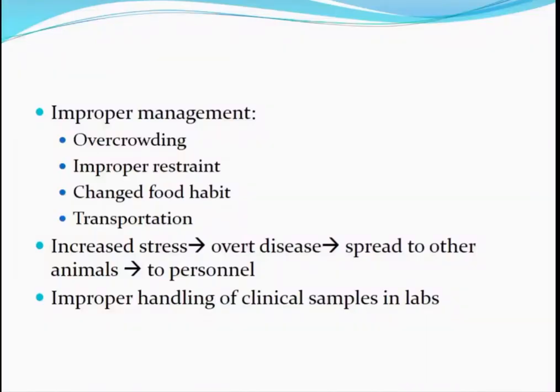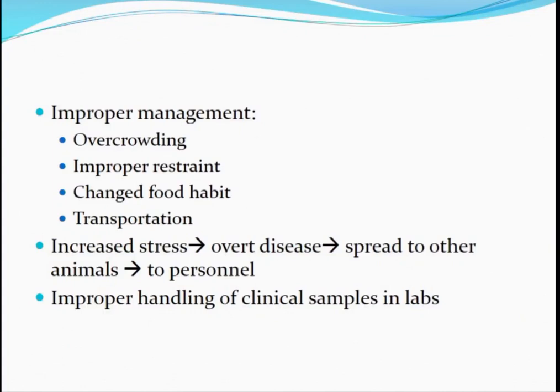So that shows the importance of biosecurity and hygiene when it comes to handling or managing an enclosure for wildlife. So proper management is essential when it comes to managing a zoo. Okay, what are the most important problems when it comes to a zoo?